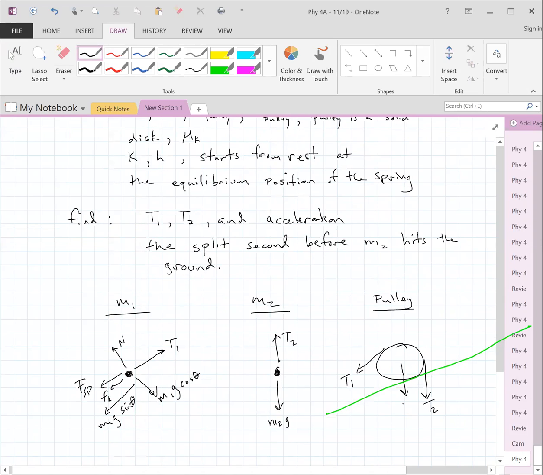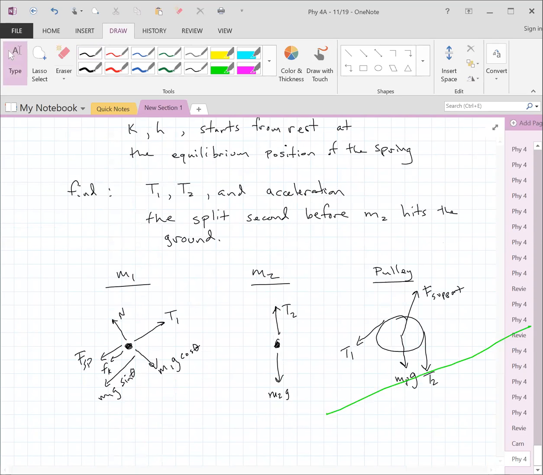The mass of the pulley times g, and some kind of a support force. Those two, the weight of gravity and the support force, aren't really interesting to us because they don't produce any torque. They act at the center of mass, and so they don't produce any torque. We'll get to that in a minute.